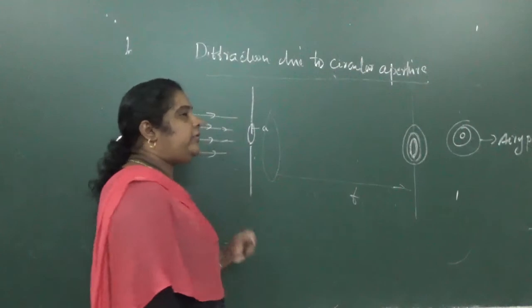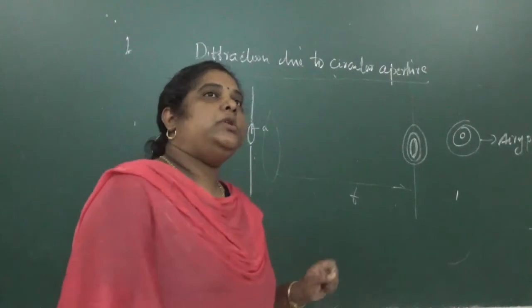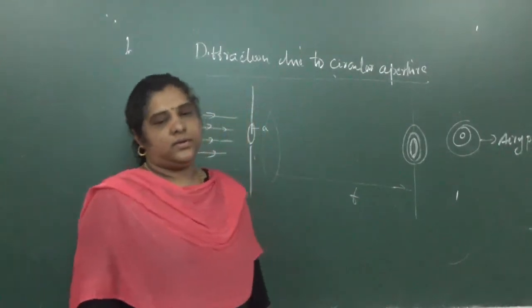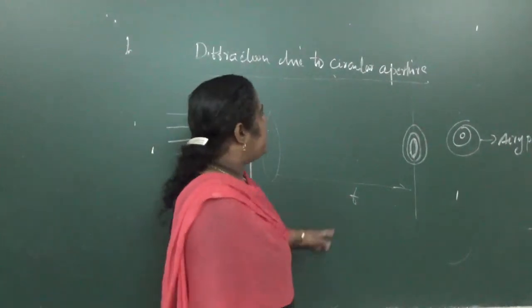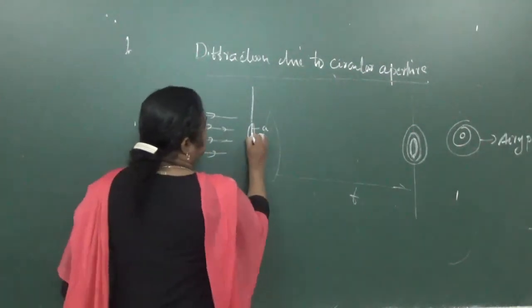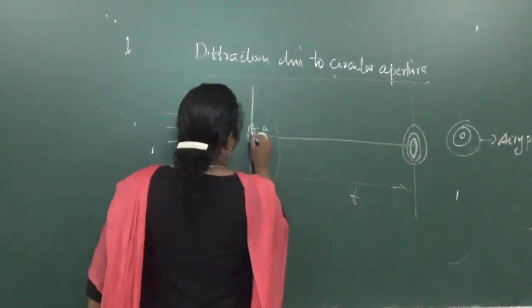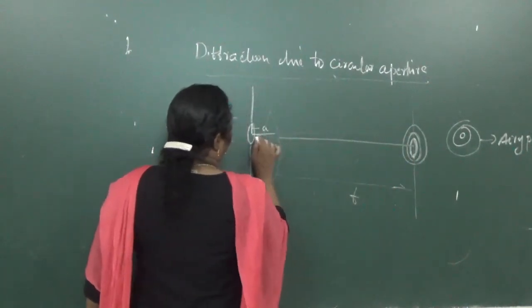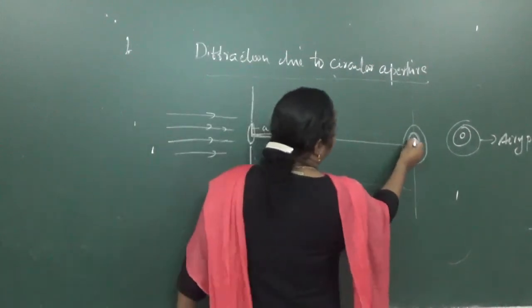I will give you the equation for the intensity pattern at the screen, and the condition for the diffracted angle corresponding to the first dark ring.